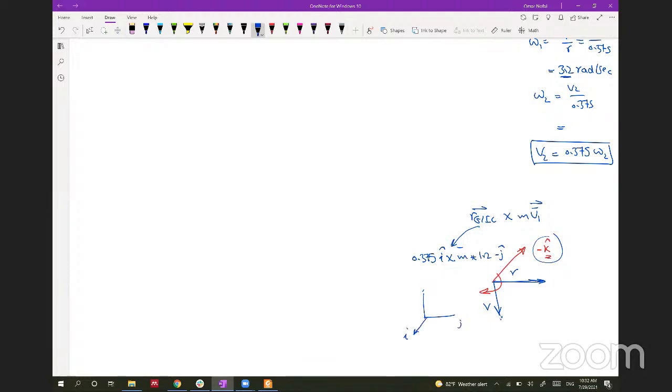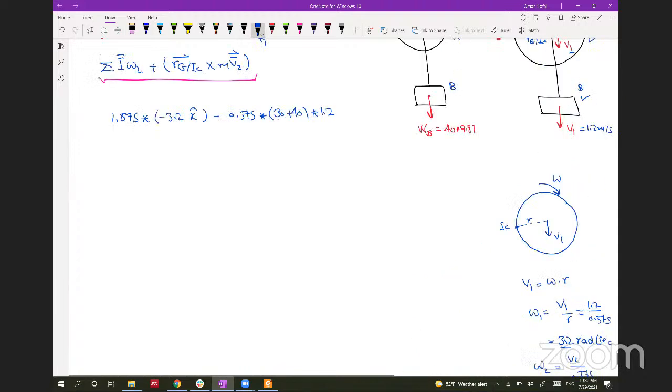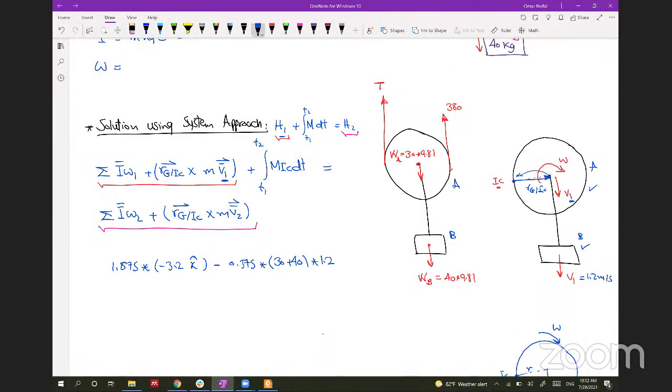If you multiply i by j, it will give you positive k, but you have negative here, so it will give you negative k hat. And then you multiply the quantities. So either is fine. Okay, so we are done with this term, but don't forget to put all the masses that are moving with the velocity V1.